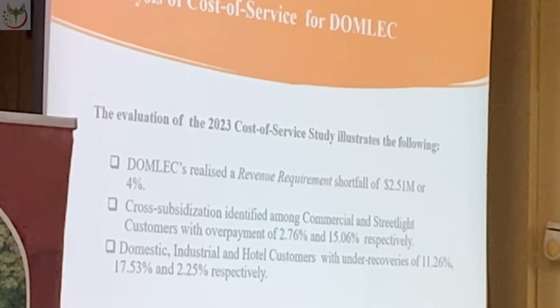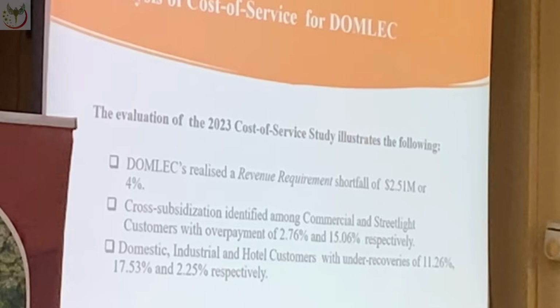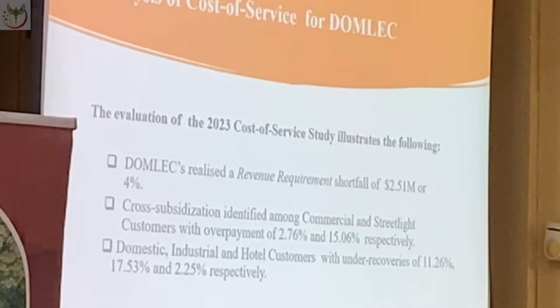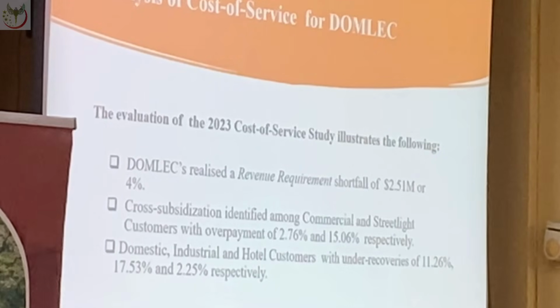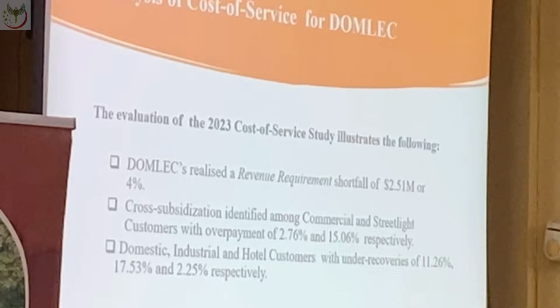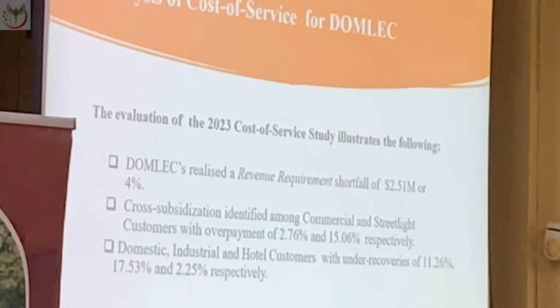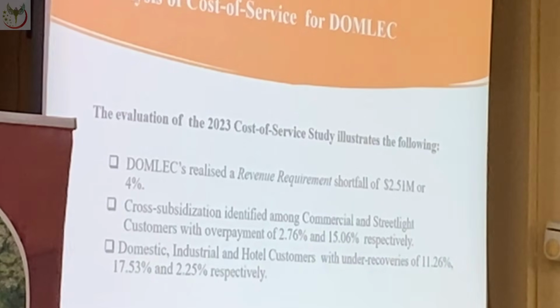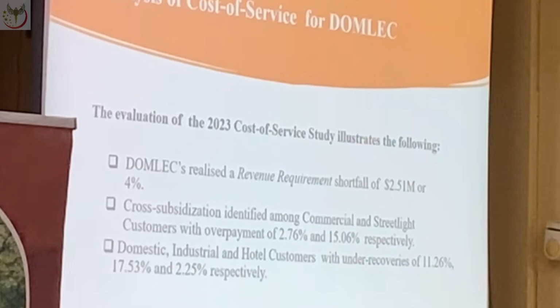Also, we saw cost subsidization is identified among commercial and streetlight customers, with commercial overpaying by 2.76% and streetlight overpaying by 15.06% respectively. The need for subsidy, because domestic, commercial, industrial and hotel customers are underpaying, it is telling us that somebody needs to subsidize for that category.